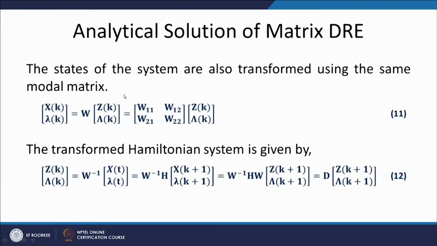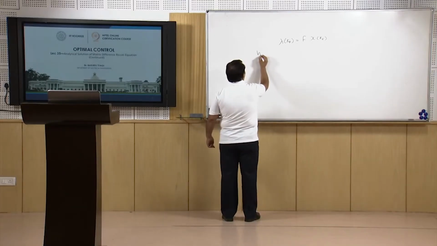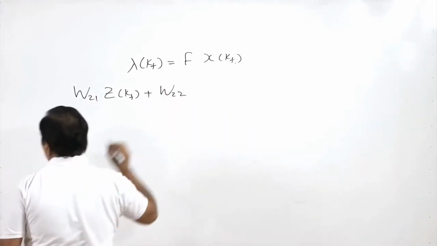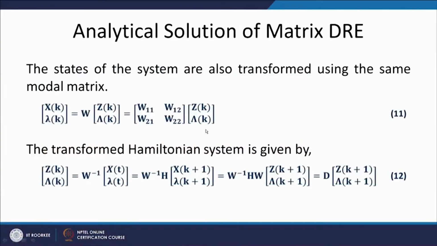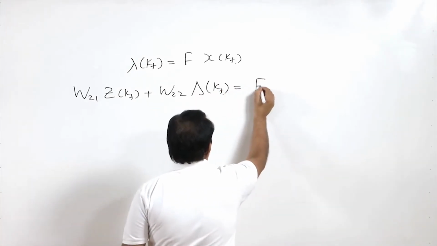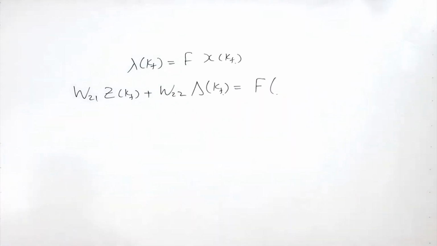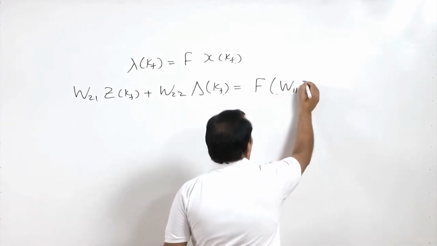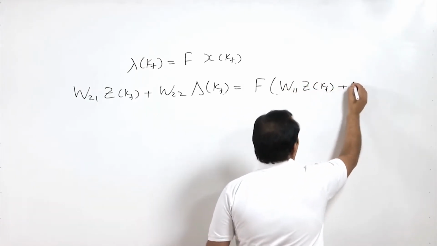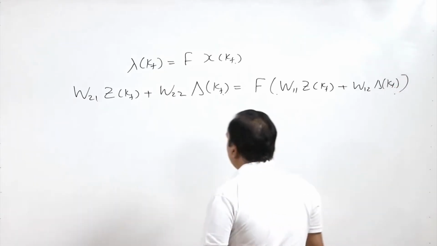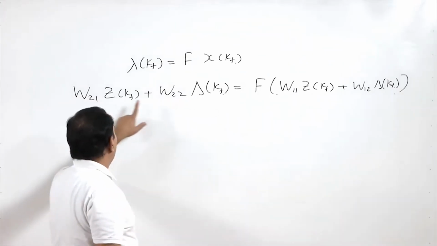So, first is my lambda of kf is W21 z(kf) plus W22 del(kf), and this equals my f of x(kf), that I can see here W11 z(kf) plus W12 del(kf). So, I have to represent del(kf) in terms of z(kf).